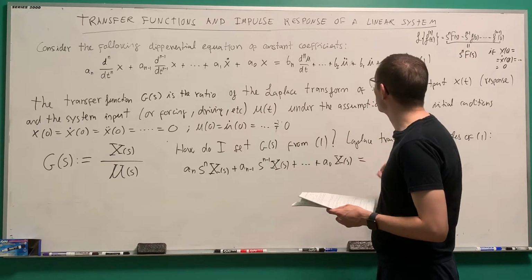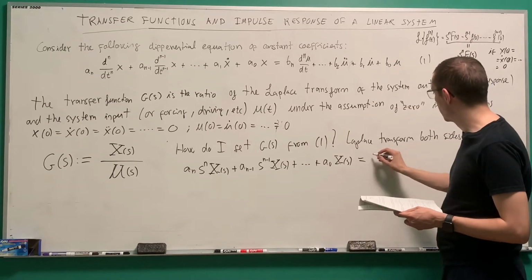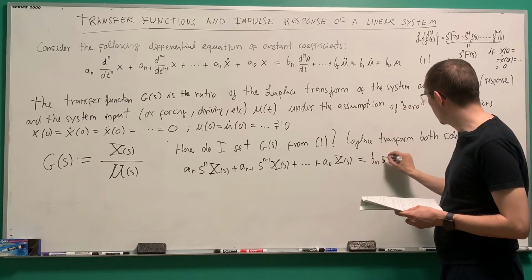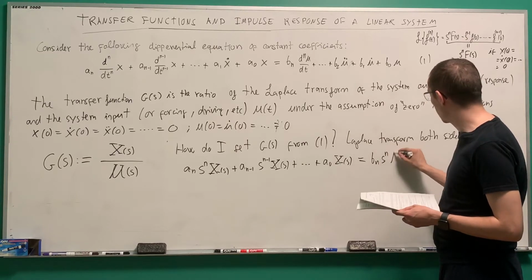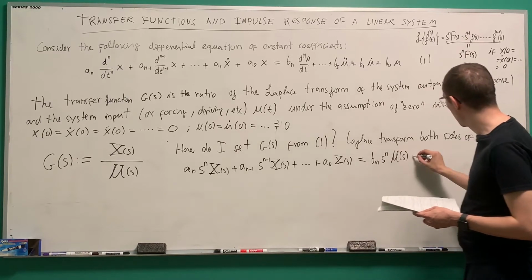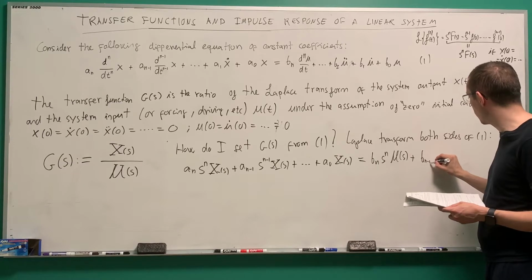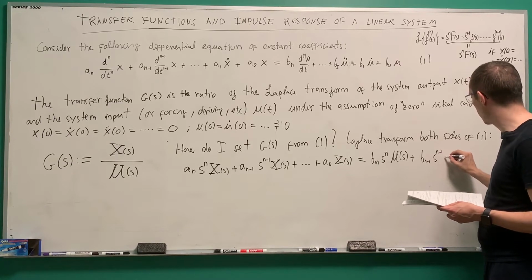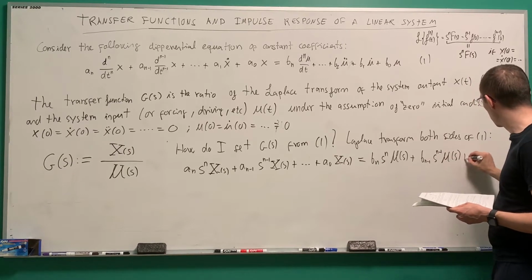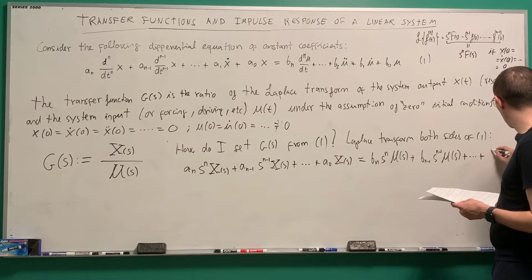And the same happens on the right-hand side. I get b_n s^n U of s plus b_(n-1) s^(n-1) U of s, and so on, all the way to b0 U of s.